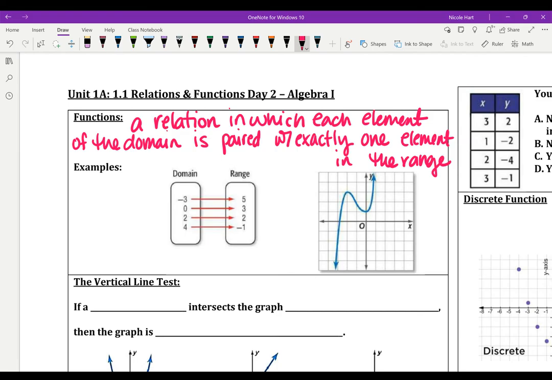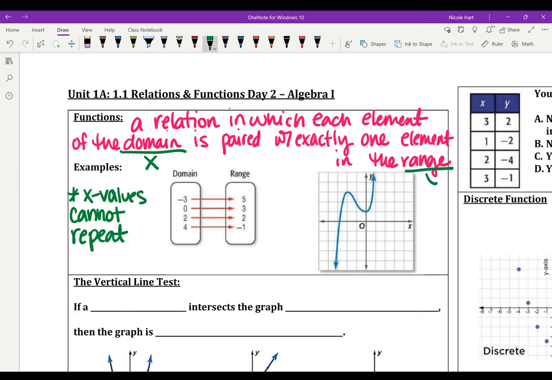And so what that is saying, just to kind of change the verbiage there for you, x values cannot repeat. The domain is your x values.